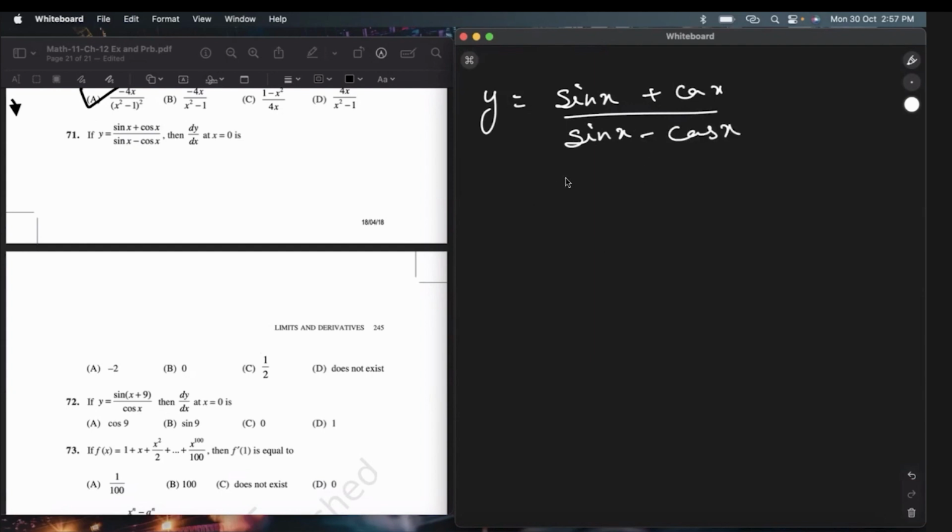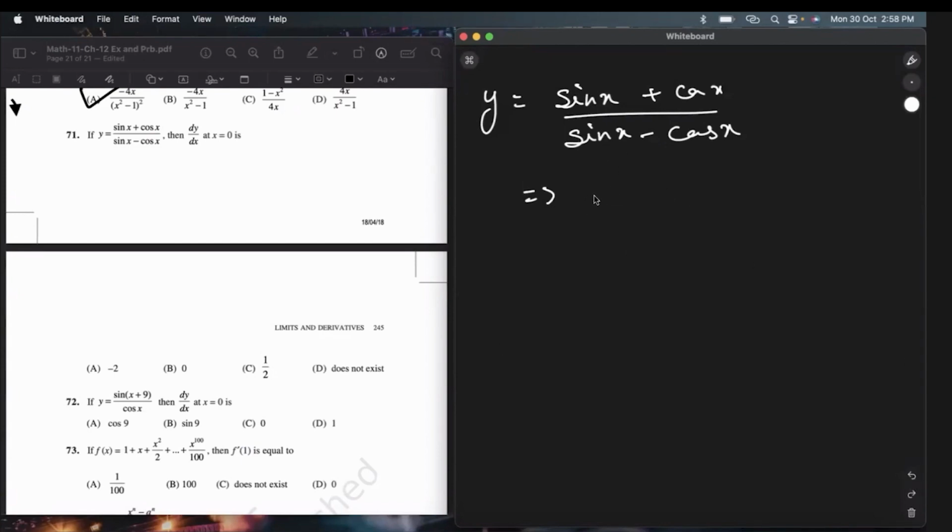Yeah. So basically, the trick in this question is that you divide the whole thing by cos x. So the life will be very easy for you. If you divide the whole thing by cos, what will you get? Tan x. Let me write the whole thing for you.